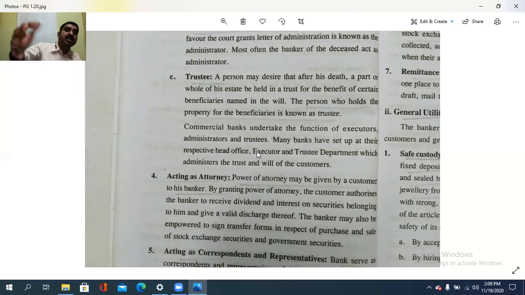They are also given the authority to sell it off whenever needed. So the banker may also be empowered to sign the transfer forms in respect of the purchase and sale of stock exchange securities and government securities also. So the banker gets the full power to receive the dividend and the interest on the securities that belong to the customer and also give a valid discharge.